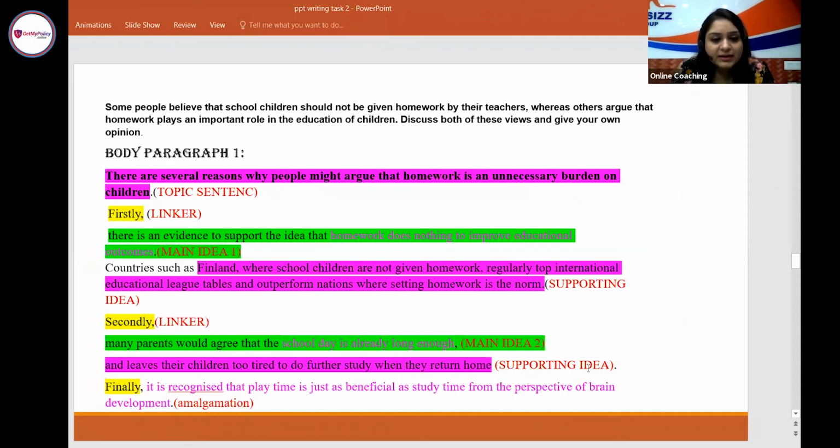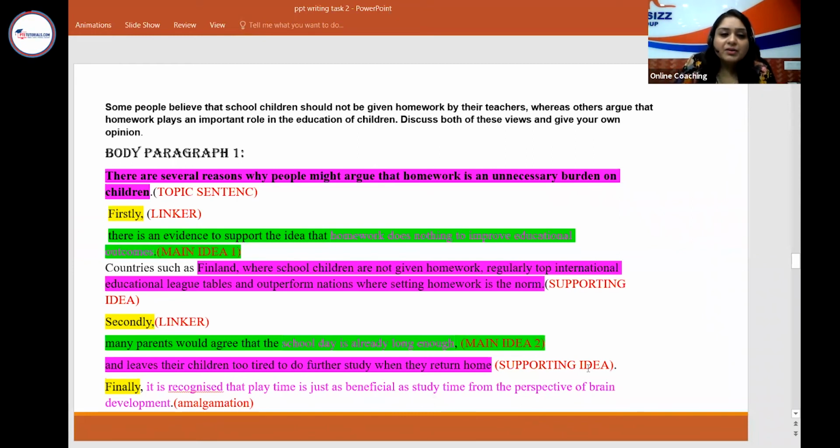Finally, it is recognized. See my main idea 3 after supporting the next idea. Finally, it is recognized that playtime is just as beneficial as study time from the perspective of brain development. So again, I am quoting another idea with the amalgamation of the main idea and the supporting idea.